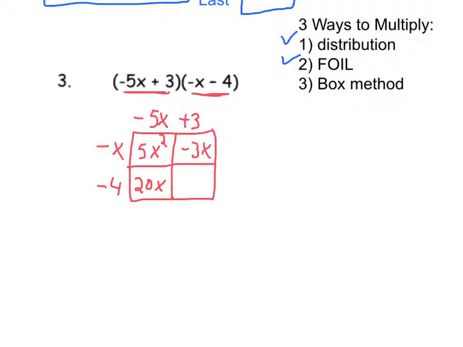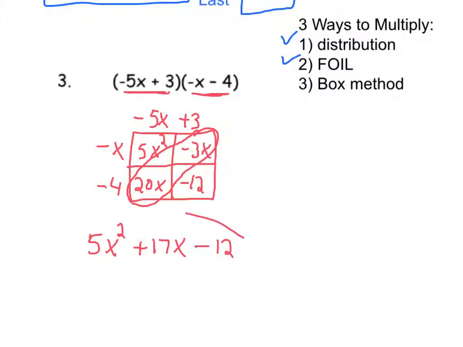And then a negative 4 times 3 is negative 12. And then when you do that, your like terms will always be in this diagonal box there. So then I combine everything and I get 5x squared, plus 17x when I add the 20 and the negative 3, and then minus 12. And that's going to be my answer. And that is the box method.